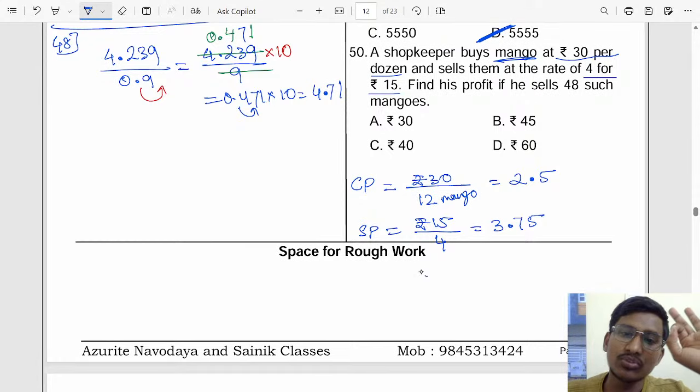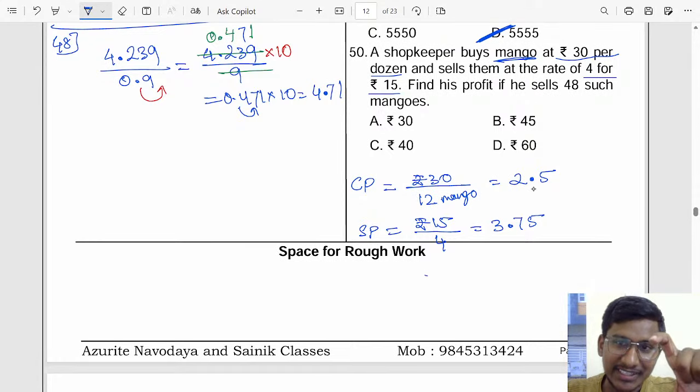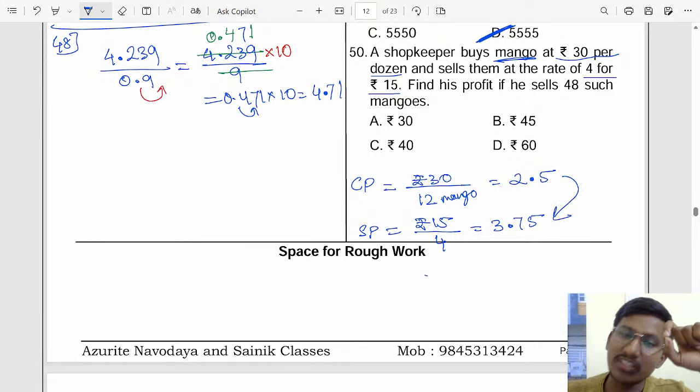So he is buying at 2.5 and selling at 3.75.